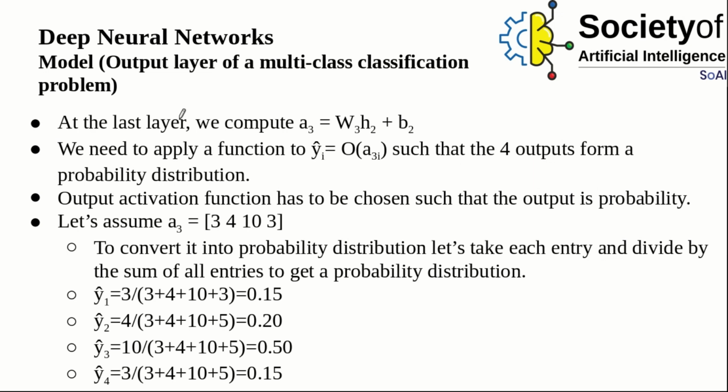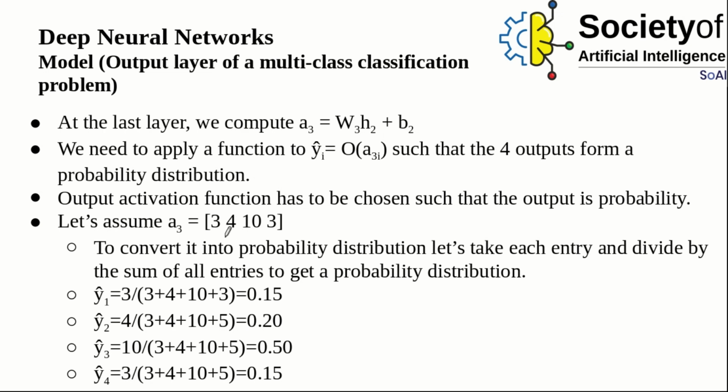At the last layer, we compute A3 equal to W3 times H2 plus B3. We need to apply a function to get y cap equal to O of A3 such that the four outputs form a probability distribution. The output activation function has to be chosen such that the output is a probability.